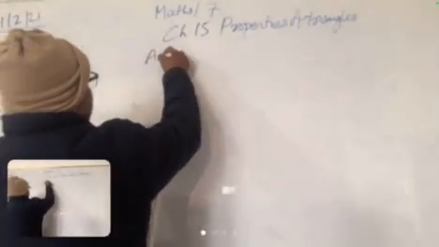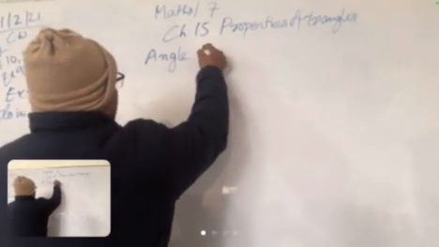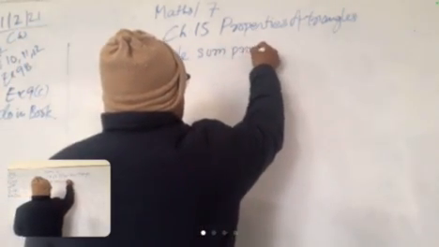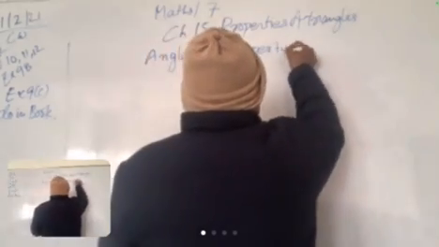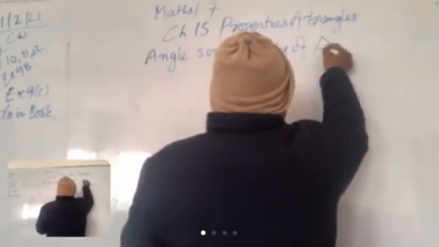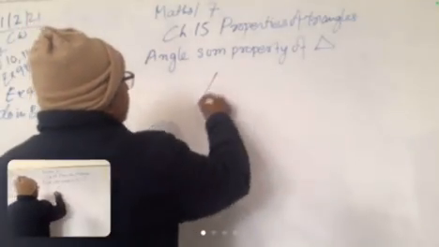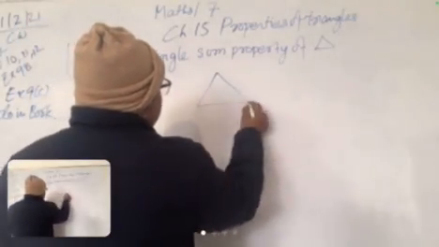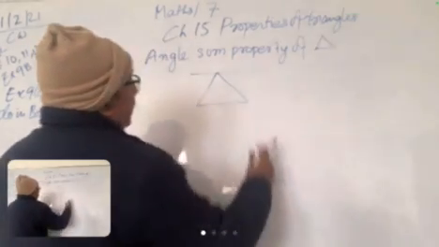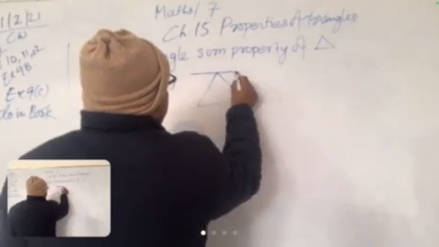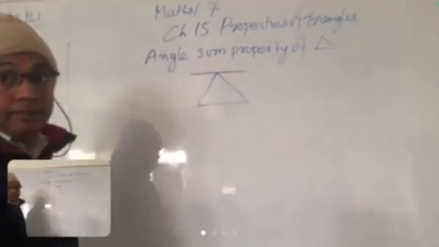Now everyone write: angle sum property of a triangle. Now everyone draw a figure like this and draw a line over. ऐसे एक लाइन बनाना है.